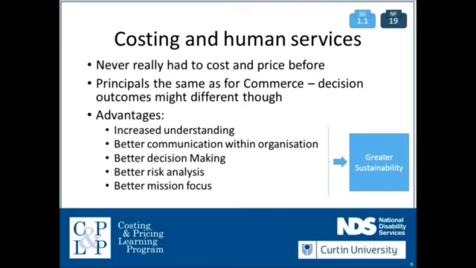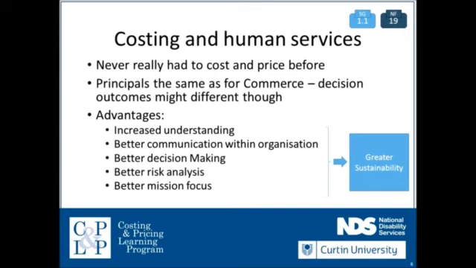With the advent of person-centred care and individualised funding policies, including the NDIS, the need for costing and pricing has become great. We would argue that even if the NDIS didn't come to the fore, it would be necessary for organisations to undertake costing and pricing, because that's the only way they can really appreciate the extent to which they're financially sustainable into the medium and longer term.